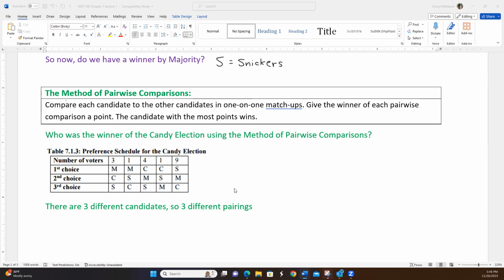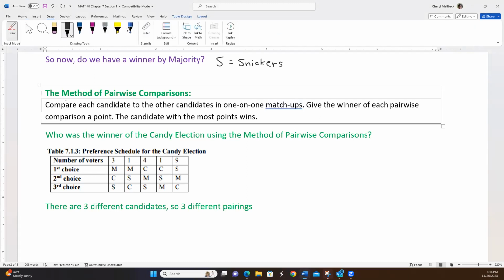Here there are 3 candidates, M, C, and S. When I do these, I like to draw them as a polygon, in this case a triangle: M, C, and S. So we'll pair these two and see who wins, these two and see who wins, and these two and see who wins.